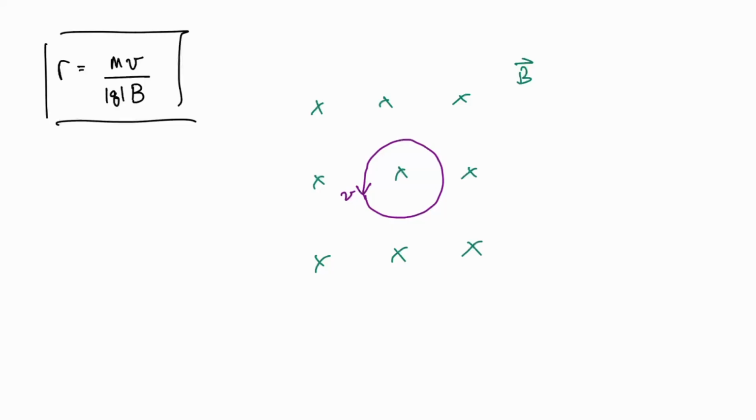So we can calculate the radius of that circle, right? If we know that. So what if this were a proton? What mass would we put in? Not 1. It would be the mass of the proton, whatever that is.